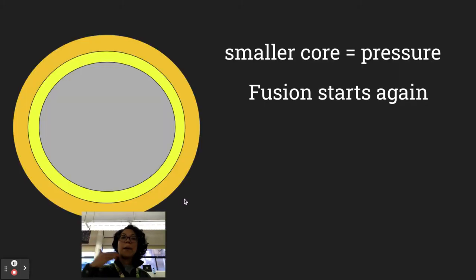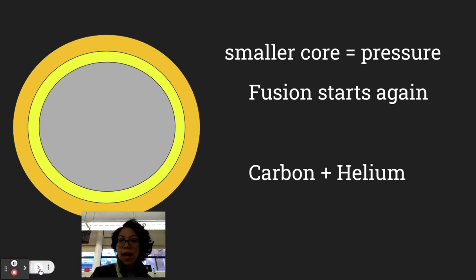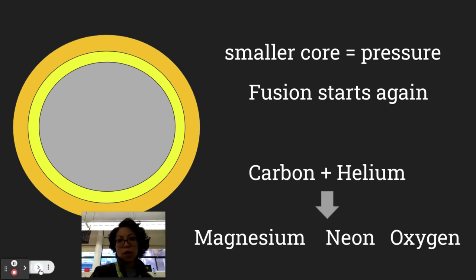Okay, so this happens over and over where it gets really hot because of the pressure inside of a star. The atoms start moving again, so they fuse together to make new elements. Eventually they run out. They start going slower again. Then the core gets smaller because gravity takes over again. And it just keeps happening over and over.